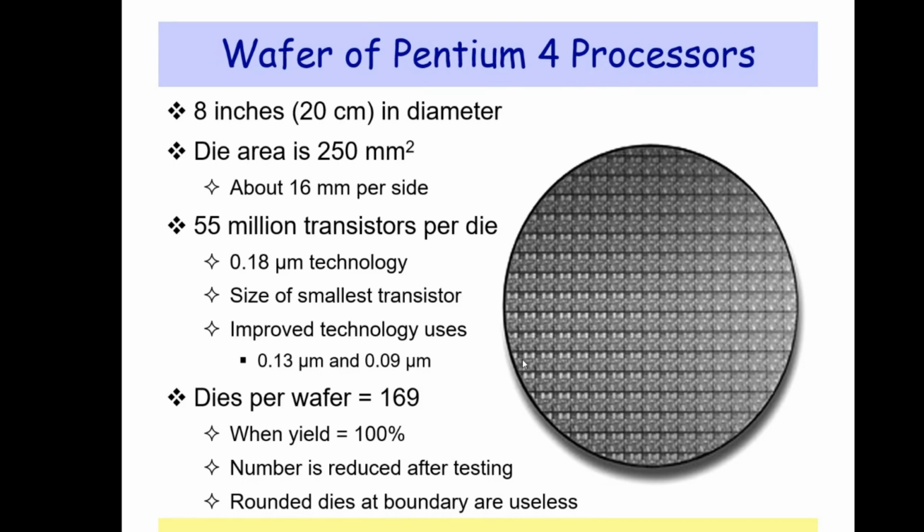So your yield number will reduce after testing. In industry, nothing will be assumed. As per the wafer section, segregating your dies, you have got 169, where the yield is 100%. After testing, you'll come to know if there is any bad IC, and your yield will reduce.